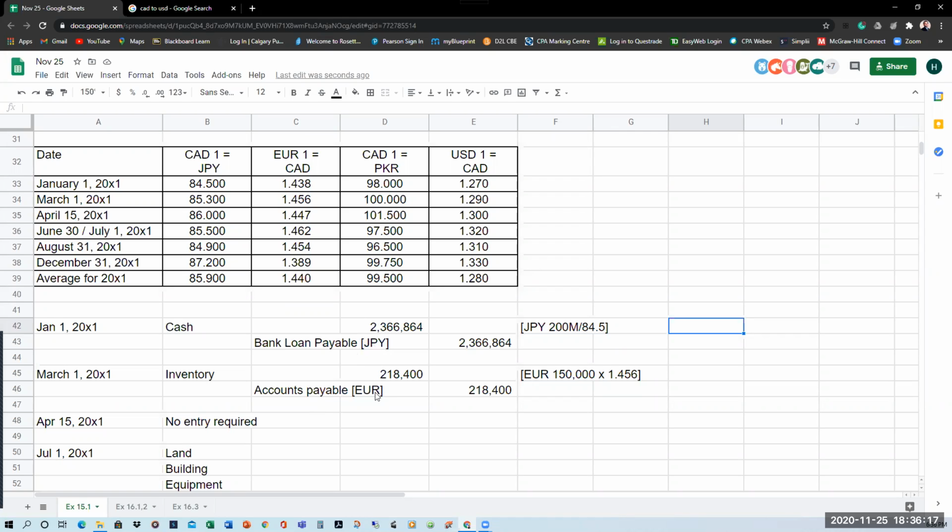So when we make payment, we'll have to pay the supplier from Germany in euros, right? We don't necessarily end up paying these many Canadian dollars because we have to pay them in euros. And depending on changes in exchange rate, we may end up paying more Canadian dollars or fewer Canadian dollars. And that is what drives the foreign exchange gains or losses.